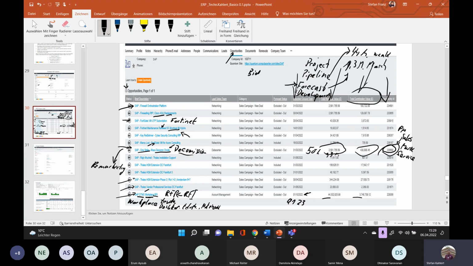Yeah, here you can see, if you would now have access to such a system, how do I open that? What can I see? Which information? And you can automatically create pipeline view, project view, forecast, customer development and stuff. And you are right.